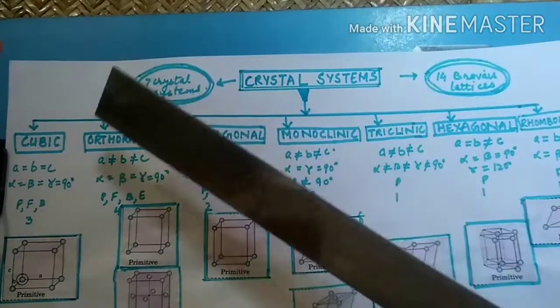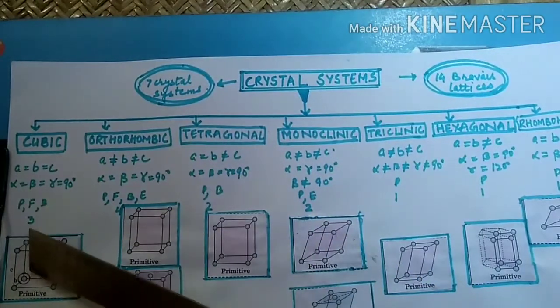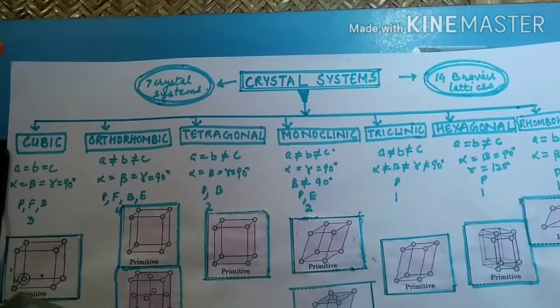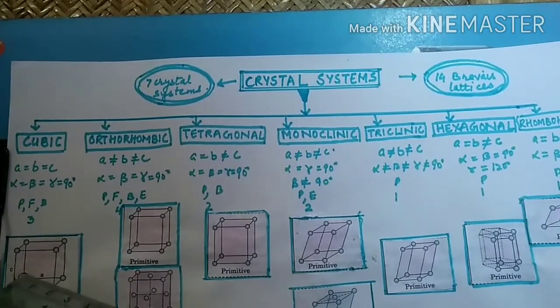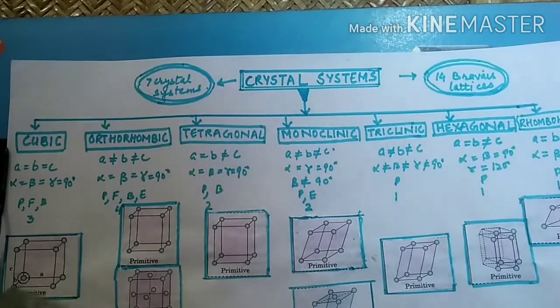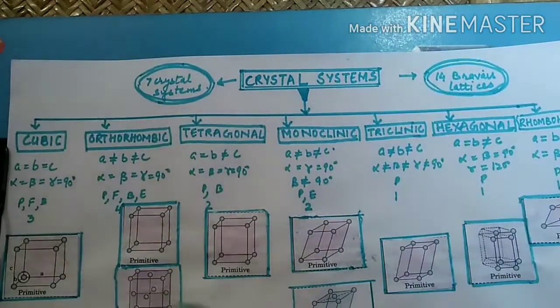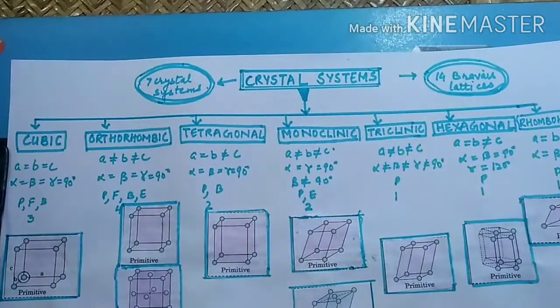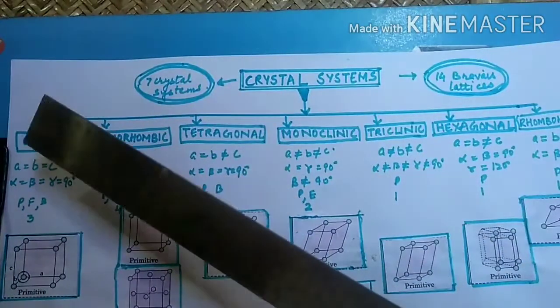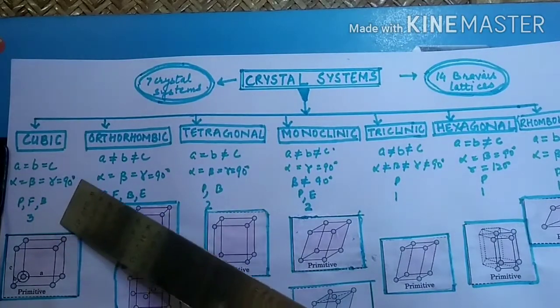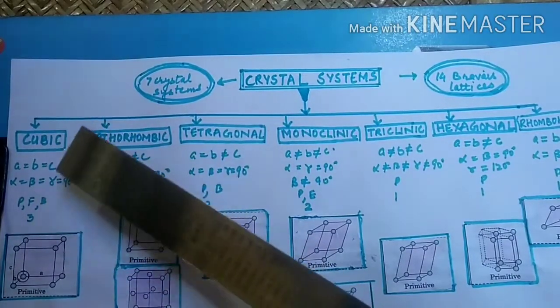Now in cubic crystal system, the lengths A, B and C are equal to each other, and the angle between A and B will be called gamma, between B and C will be called alpha, and between A and C will be called beta. So a crystal system in which all the 3 lengths A, B, C are equal and alpha is equal to beta is equal to gamma is equal to 90 degree is called cubic crystal system.